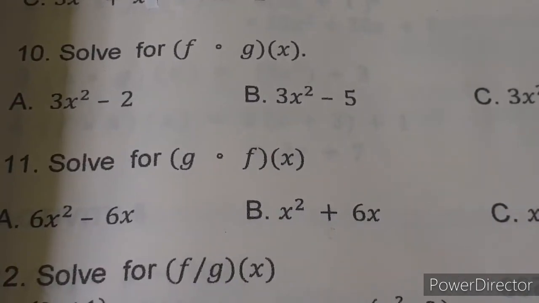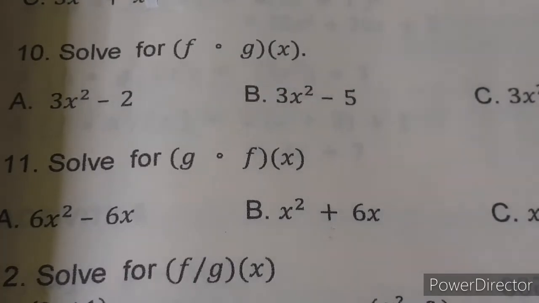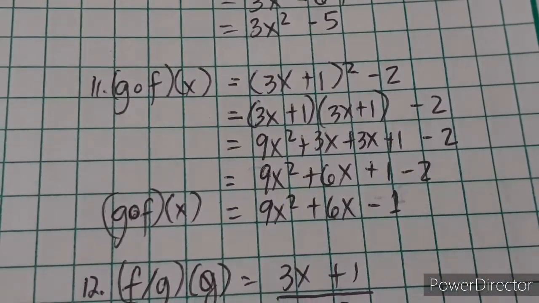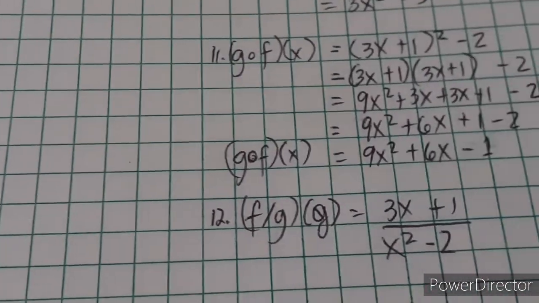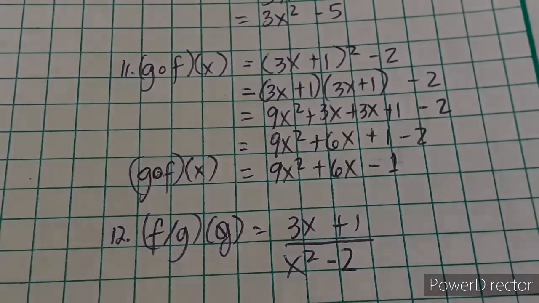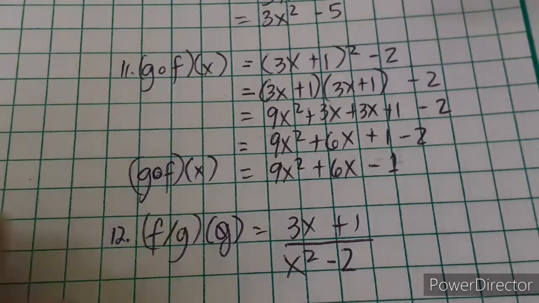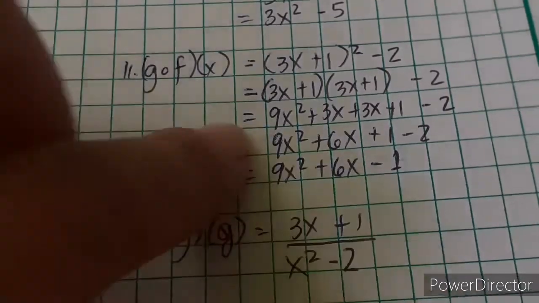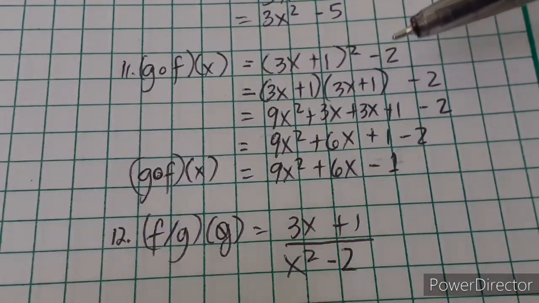And for number 11, you are asked to do the reverse. This is g of f of x. So this is 3x plus 1 squared minus 2, because this is originally x squared minus 2.